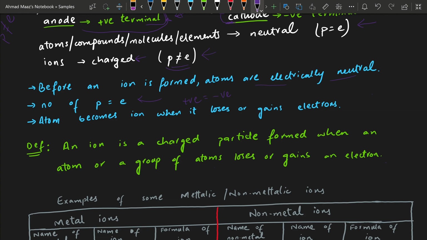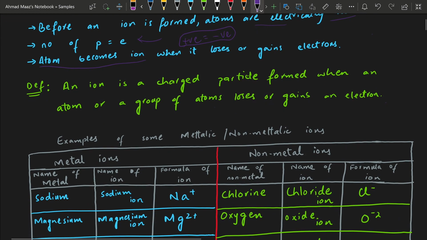So the number of positive charges equals the number of negative charges, which means the number of protons equals the number of electrons. Then that means the overall atom has to be neutral. Alright, but when an electron is gained or lost, then an atom becomes an ion, and atoms become charged.